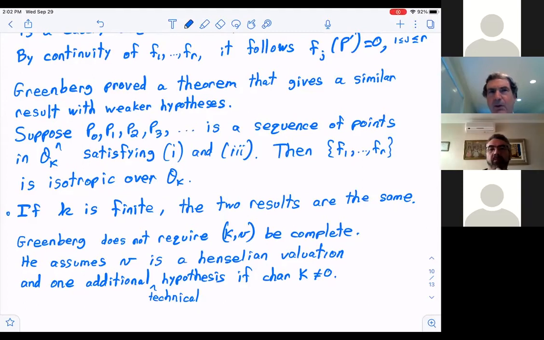And if I can let p equal 2, what is the Galois group of, say, the quadratic closure of the rational numbers over the rational numbers?